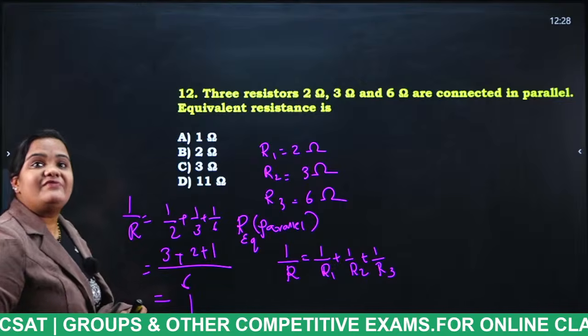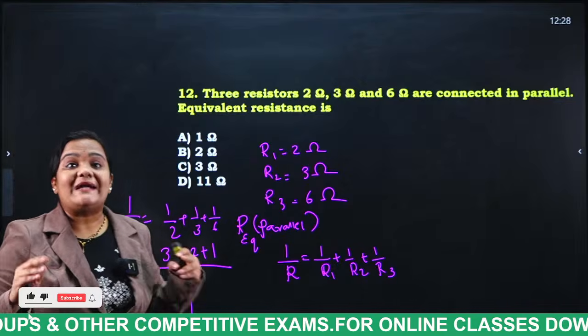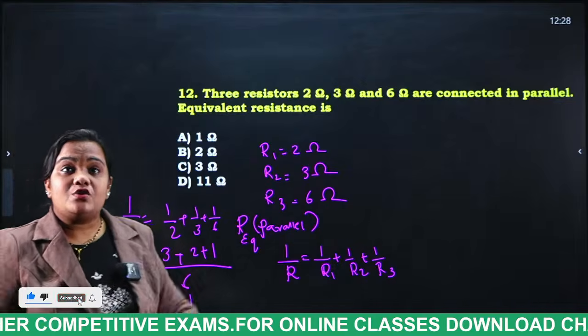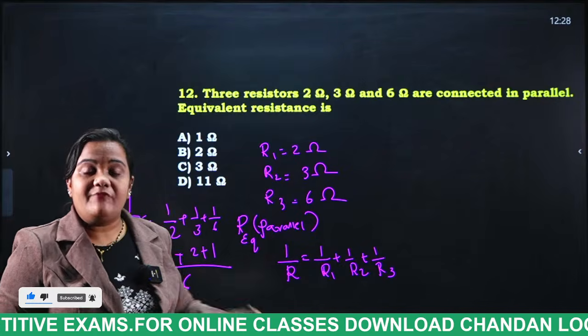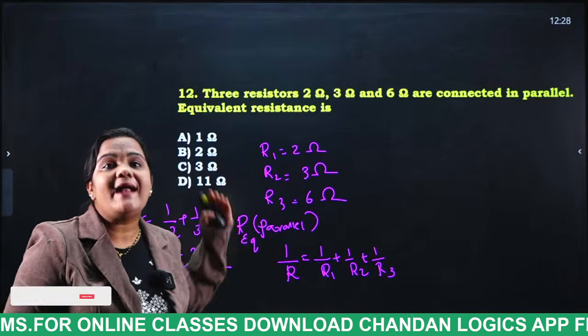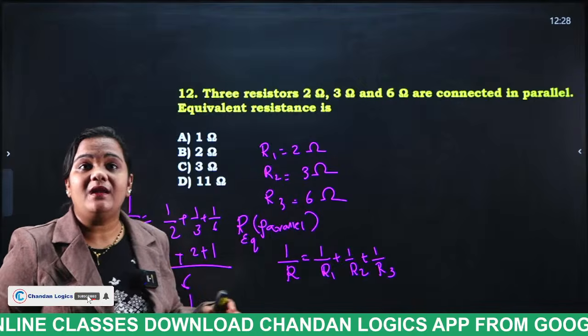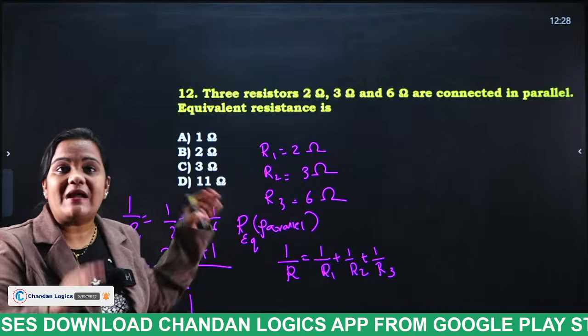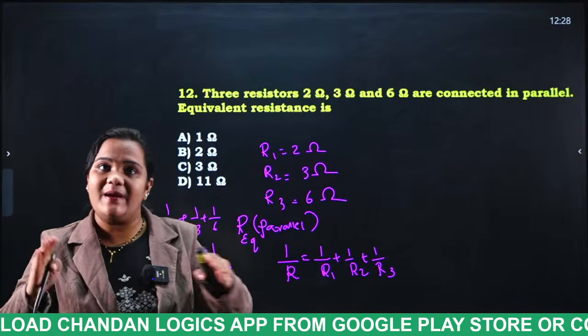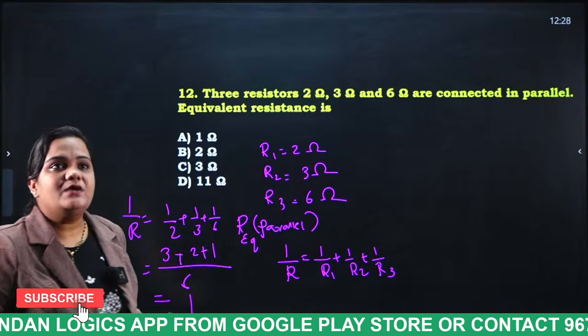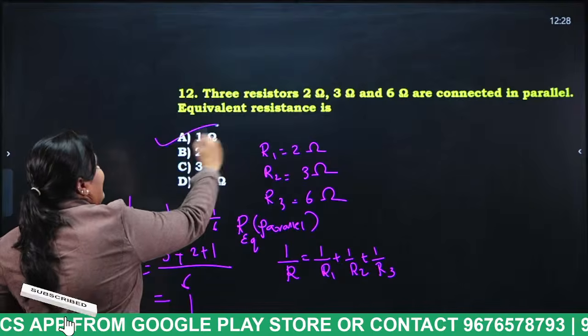So what is the answer for this question, students? That's what I am saying, Srikanth. Look at what connection they are giving. If the connection is series, we have to add them. If the connection is parallel, we have to do this process: 1 by R is equal to 1 by R1 plus 1 by R2 plus 1 by R3. So what is the answer, students? 1 is the answer, 1 ohm.